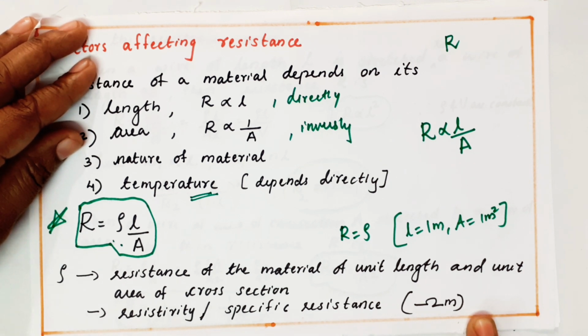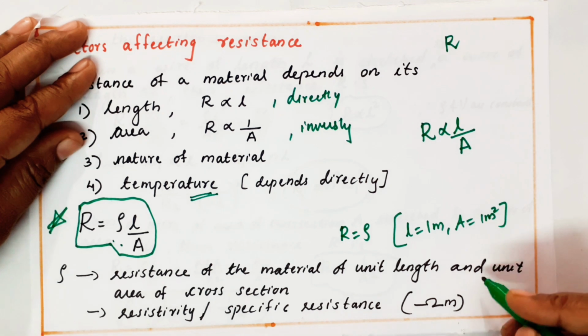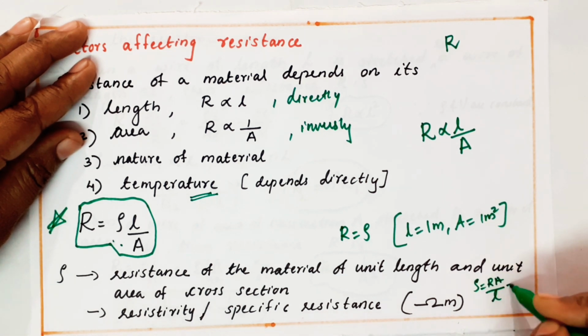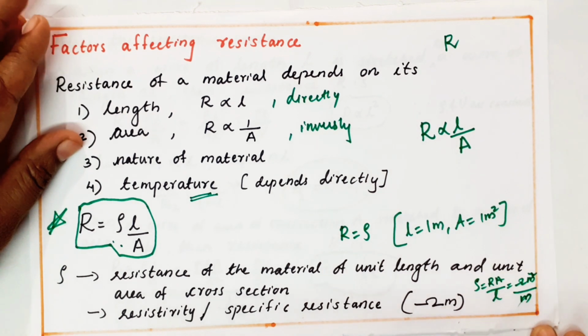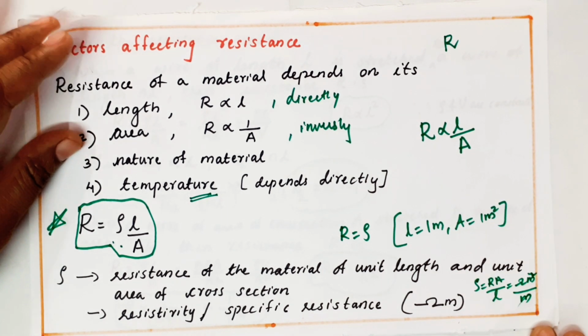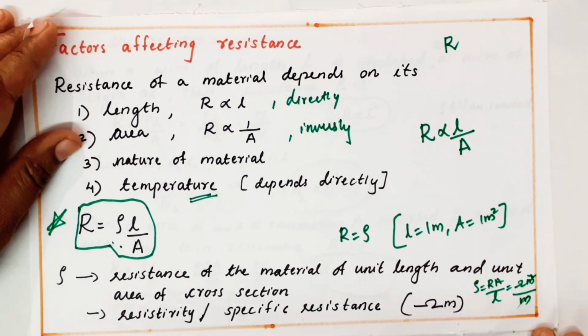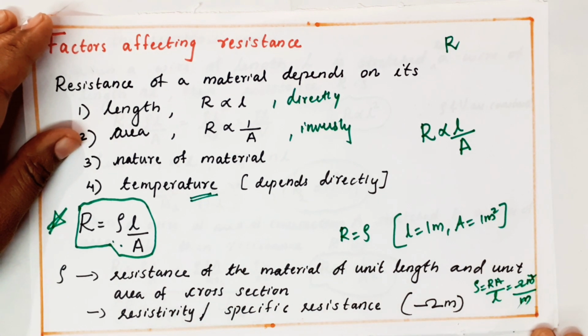Okay, how is it ohm meter? Because if you write the equation for rho, it is equal to RA by L. So it is ohm meter square by meter. Meter gets cancelled. So what's the unit? Ohm meter. Clear? So the factors affecting resistance are length, area, nature of the material and temperature.